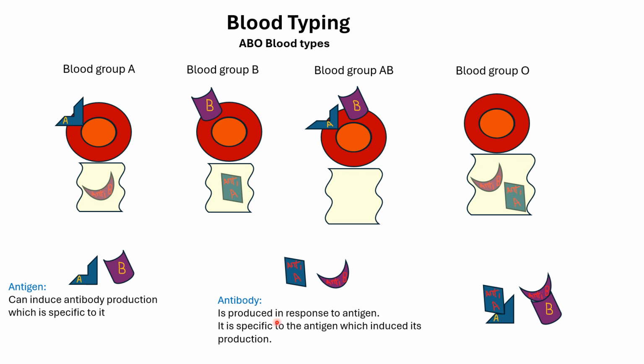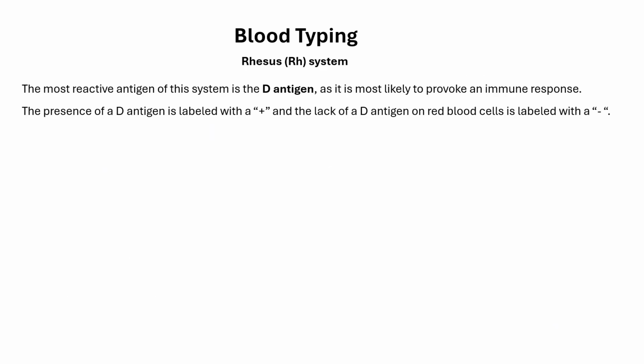So now let's move on. The second system on the basis of which we type blood is known as the rhesus system. In this system there are many reactive antigens, but the most important is the D antigen. If a cell has D antigen, we say it is Rh positive, Rh for the rhesus system.